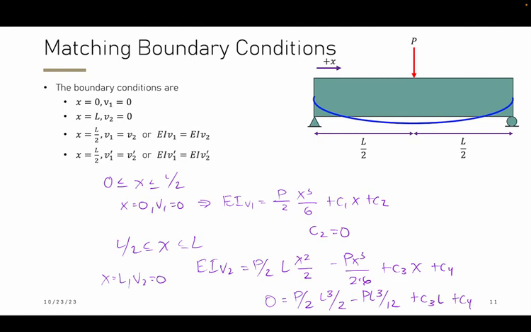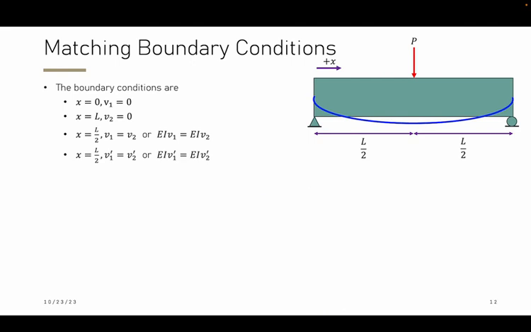So this has 2 unknowns. And we want to go to the slope equation and set EIV1 prime equal to EIV2 prime, where they are both evaluated at L over 2. So for 0 less than or equal to x less than or equal to L over 2, EIV1 prime, at x is equal to L over 2, is P over 2, L over 2 squared over 2 plus C1.